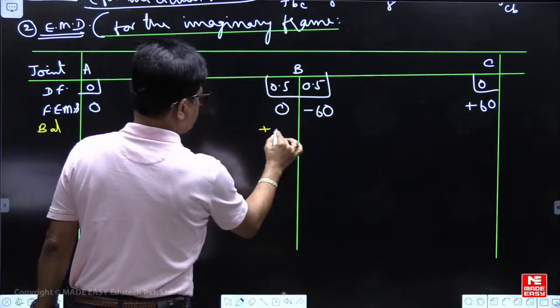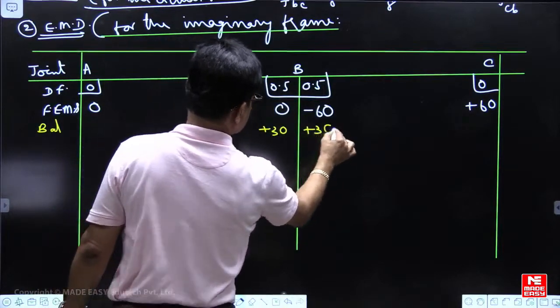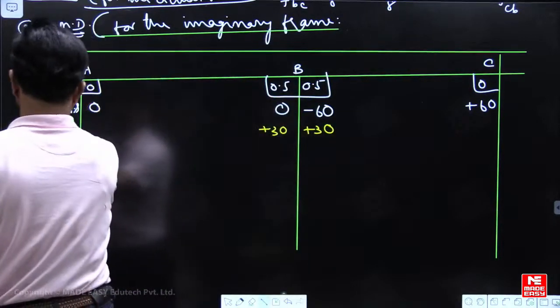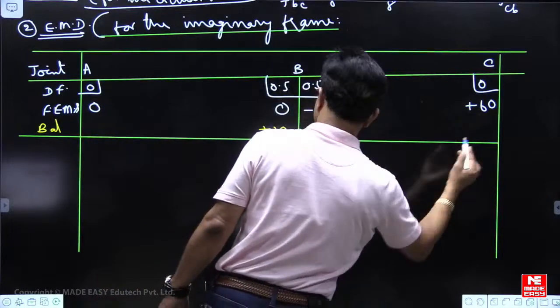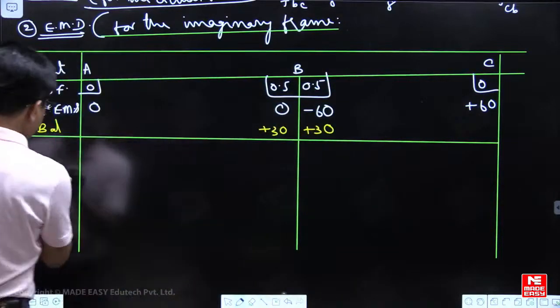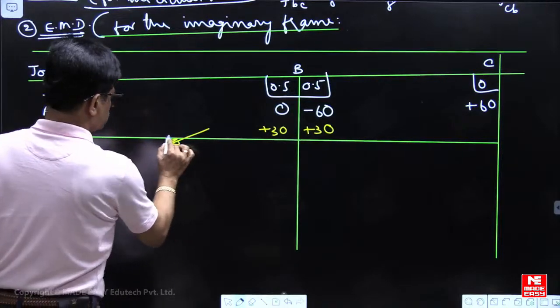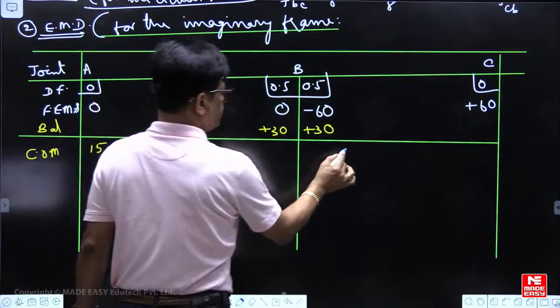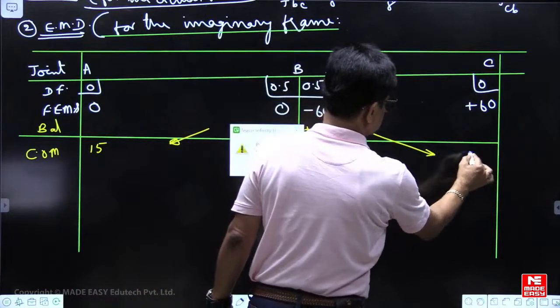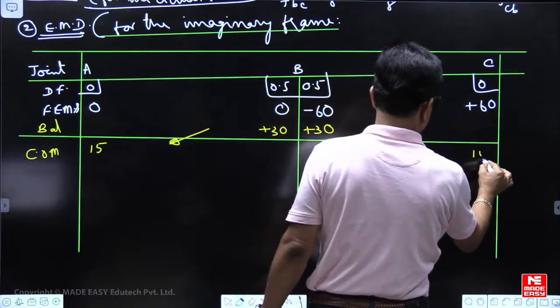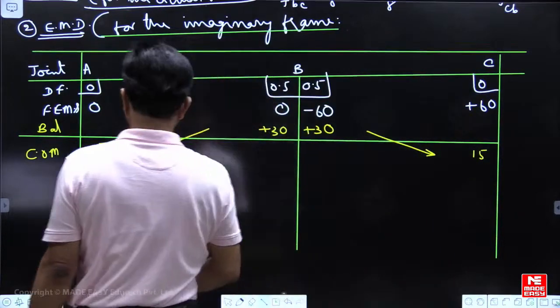So plus 30, plus 30. Next carryover moment, plus 15. That's all.